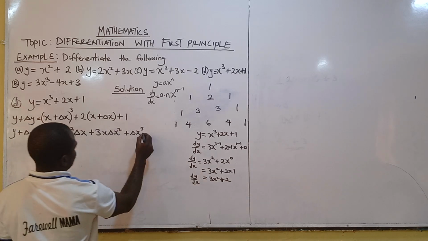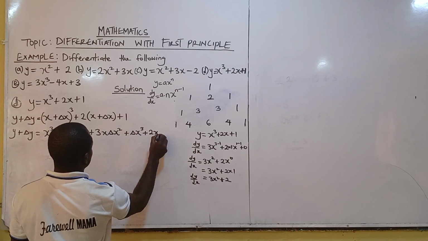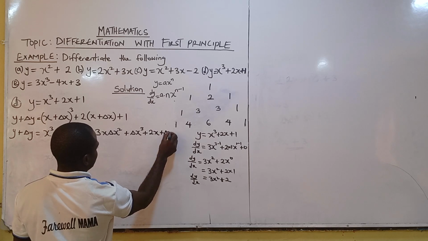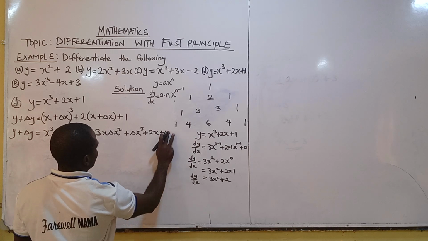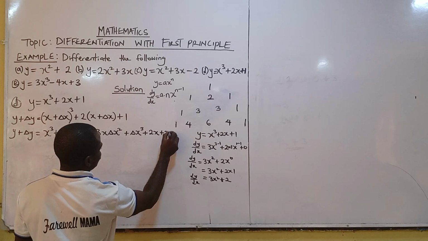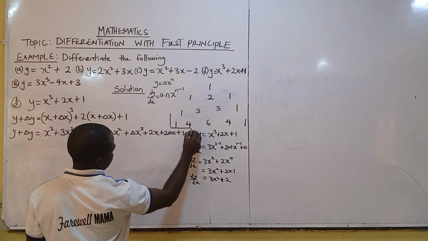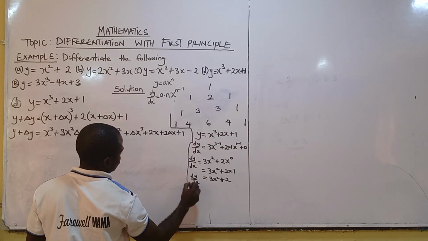Now we have plus 2, open the bracket, 2x plus dx, that is 2x plus 2 dx plus 1. Take note.